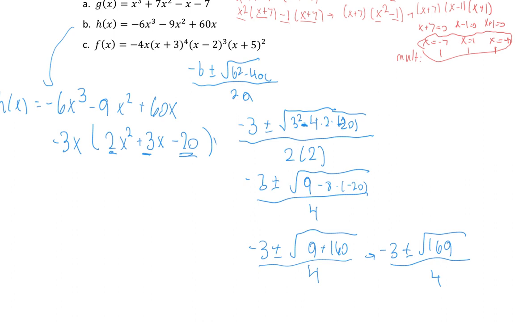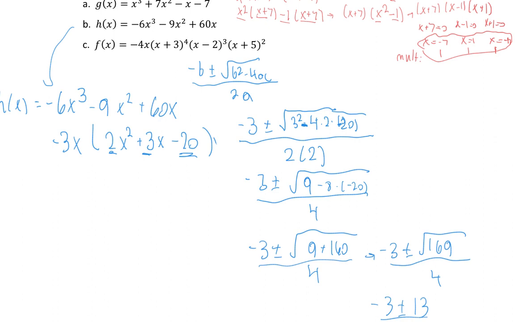So to figure out what that is, I can go to my calculator and I'll do square root of 169, and I got 13. So we get minus 3 plus or minus 13 over 4.